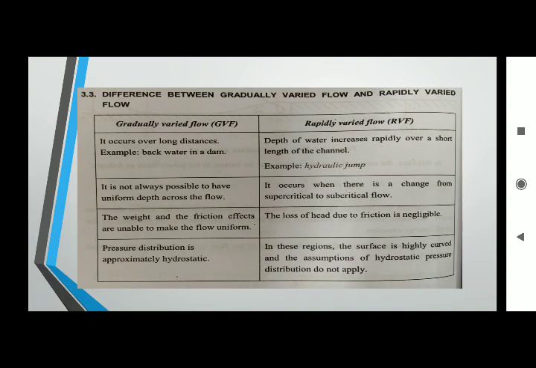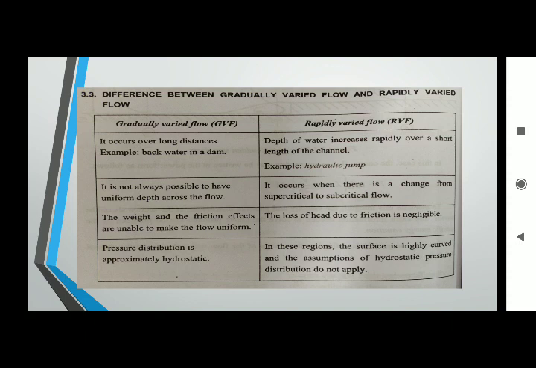Next, we discussed the difference between gradually varying flow and rapidly varying flow. Gradually varying flow occurs over a long distance, but in rapidly varying flow there will be depth variation within a shorter length. In gradually varying flow, friction is predominant and we cannot ignore it, but in rapidly varying flow we may ignore the friction.